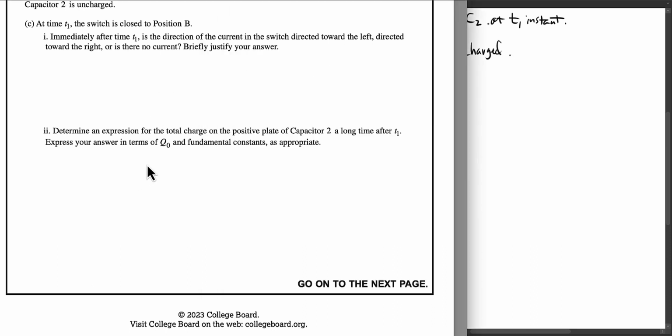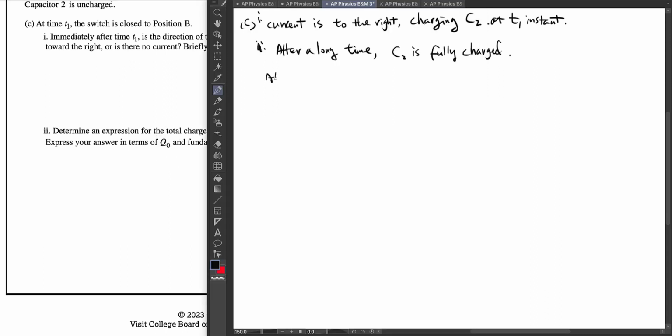We know that at the beginning the charge is Q naught on C1. So at T1, Q1 is Q naught, Q2 equals 0. So that's the initial value, Q1i, Q2i.